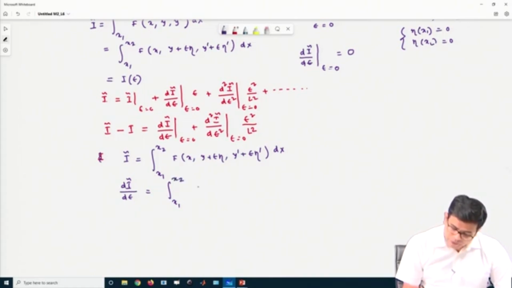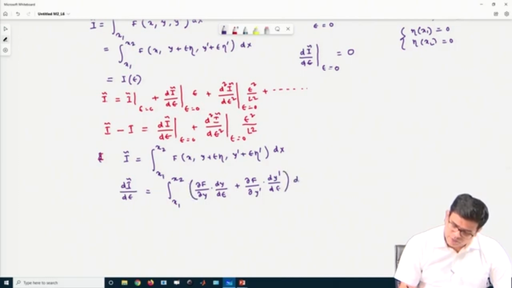So what is that? Del f by del y into dy by d epsilon plus del f by del y prime into dy prime by d epsilon. If you look carefully, I am writing partial for f.